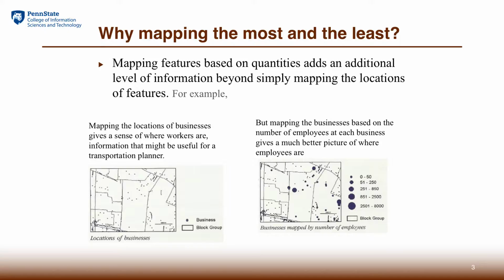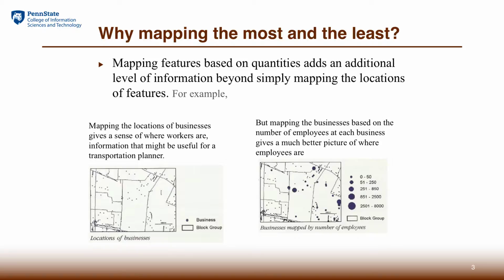Such questions will not be possible without looking at the quantitative attributes of the features. So mapping quantities takes us beyond just location, to understanding the differentiation of locations and features.